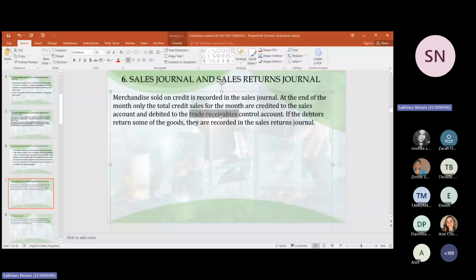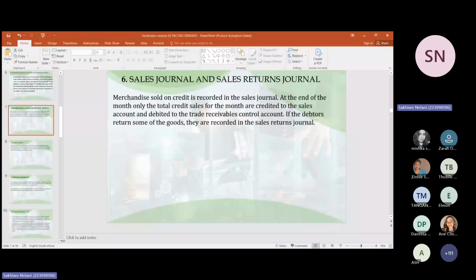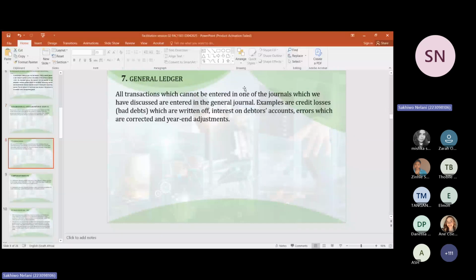In terms of accounting, when you sell on credit, you debit the trade receivables, because there's income that you are expected to generate from selling on credit. Then you credit your sales, or your income, to make a recognition in your accounting records. This is what you are expected to address in your books.